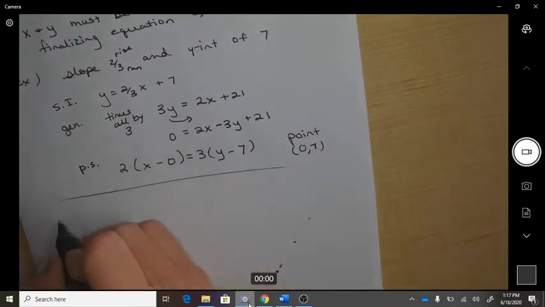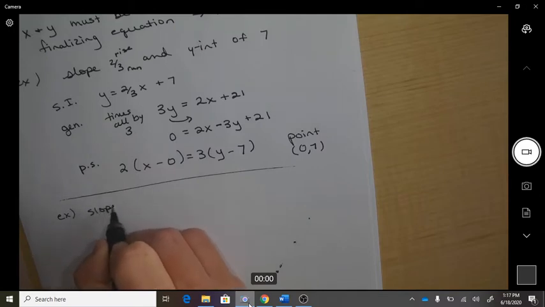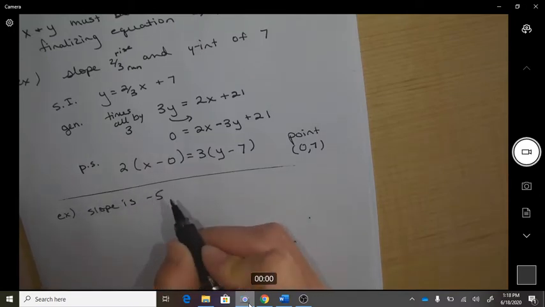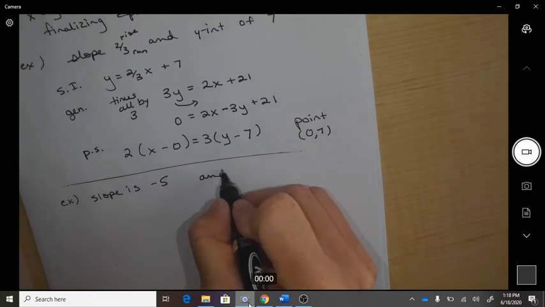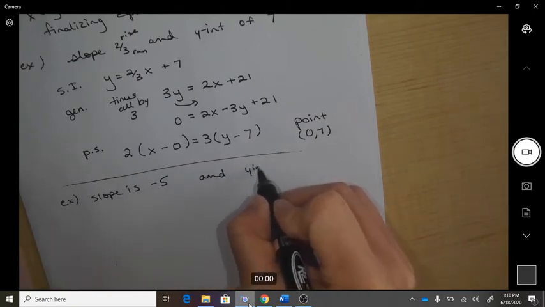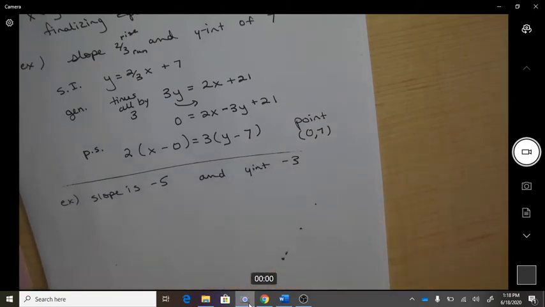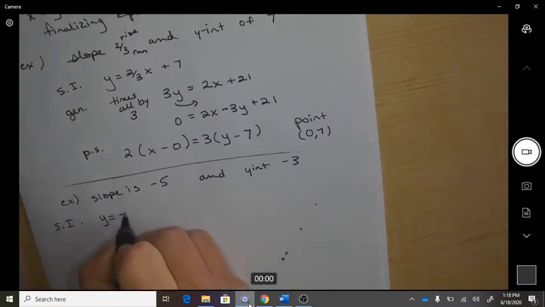Okay, next example. I'm going to give you that the slope is -5 and y-intercept is -3. Okay, so again, if I had a choice, I would probably pick slope-intercept form. Y equals -5x minus 3.